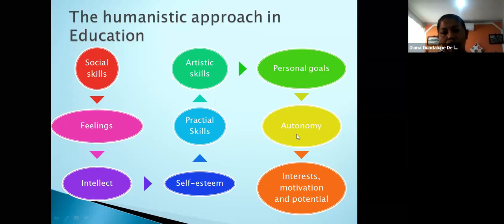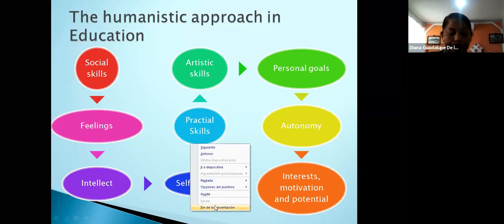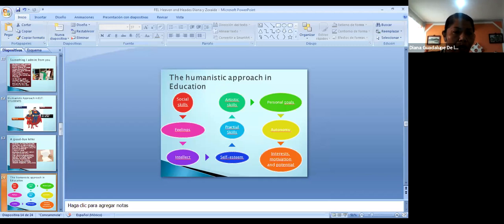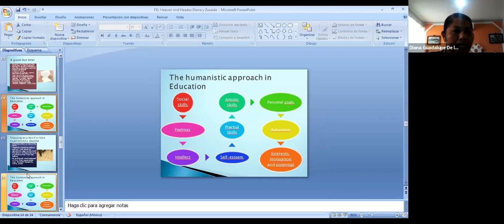How people can share their feelings and how people get motivated when they receive outer motivation, external motivation, and it is part of an objective of an activity. We will continue with the activities.